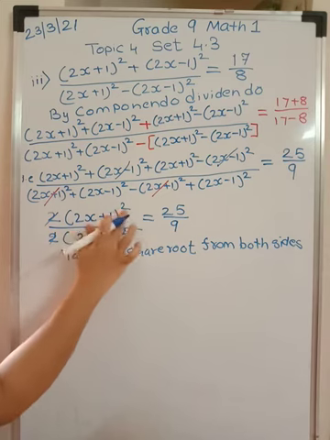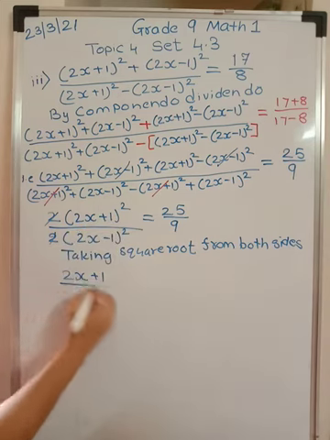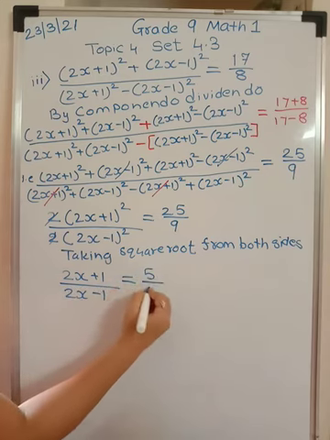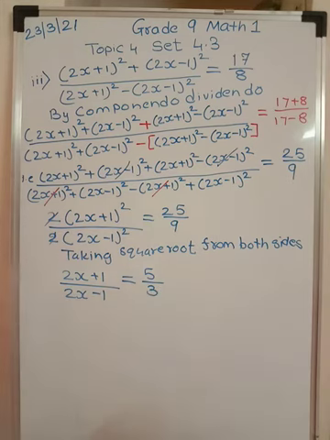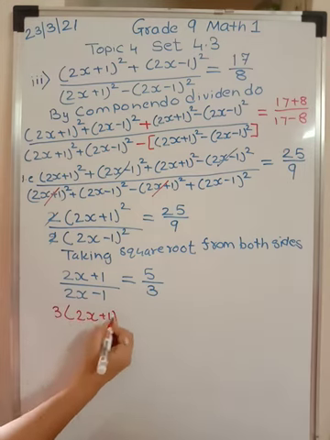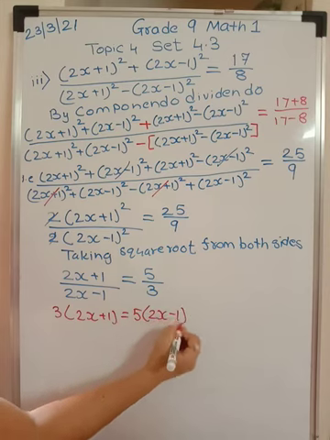If I take square root, this square will go, and what I am going to get? 2x plus 1 upon 2x minus 1. Square root of 25 is 5, square root of 9 is 3. Now just cross multiply. After cross multiplying, what are you going to get? 3 into 2x plus 1 is equal to 5 into 2x minus 1.